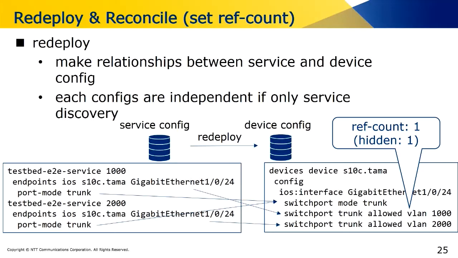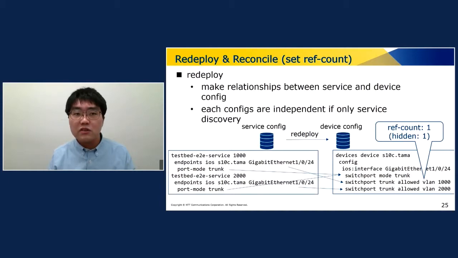Next, we do redeploy. Each config is independent if only service discovery is done. By trying to deploy service config, redeploy recognizes which service config generates which device config, and makes a relationship between service and device config. Then ref count is increased. But it is not complete, it still has hidden ref count.